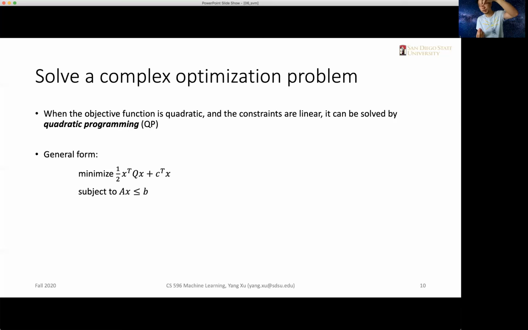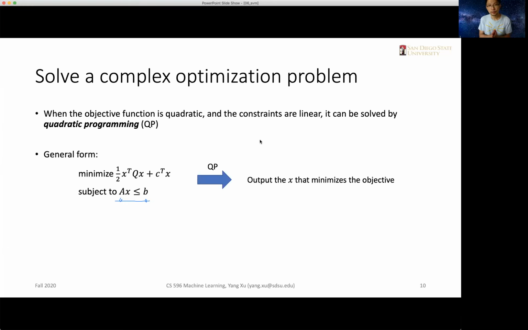And the transpose of x is the result after we lay it down, which becomes a row vector. And the Q's and c's here are the constant coefficients we need to provide to the QP software. And the linear constraint is in some inequality like this, and the A's and b's are also matrices and vectors.